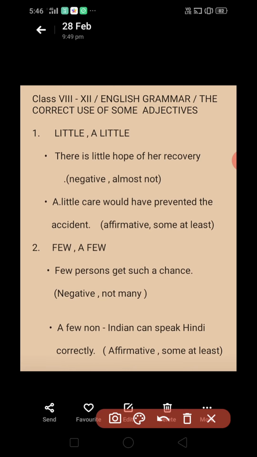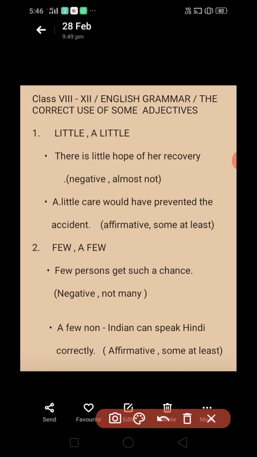The adjective: little, a little. There is little hope of her recovery. It means the hope is almost not there. That is a negative sentence.